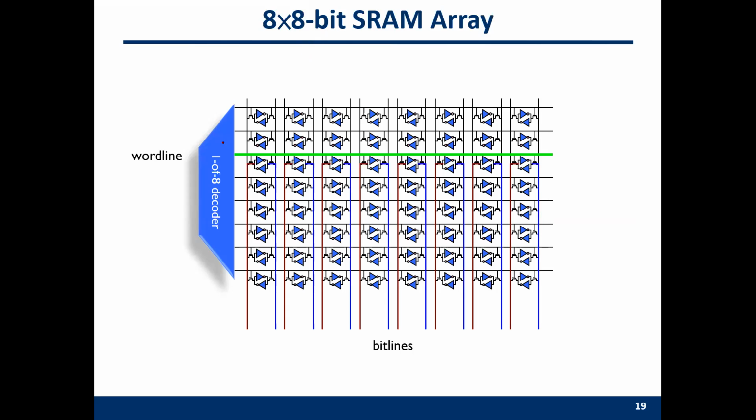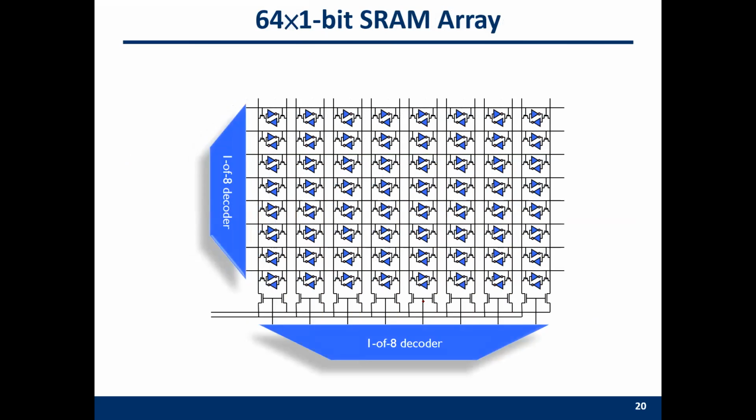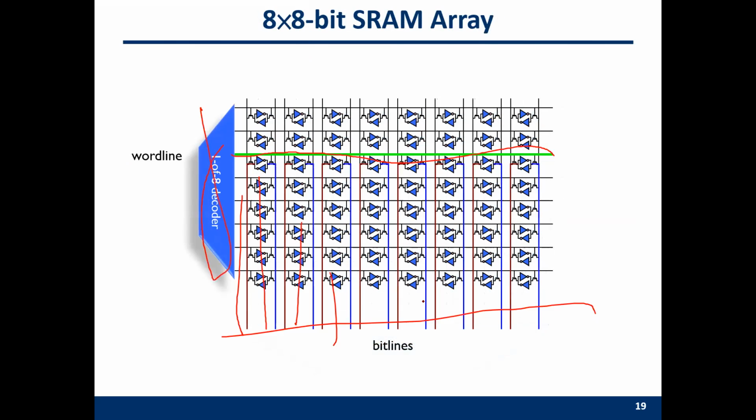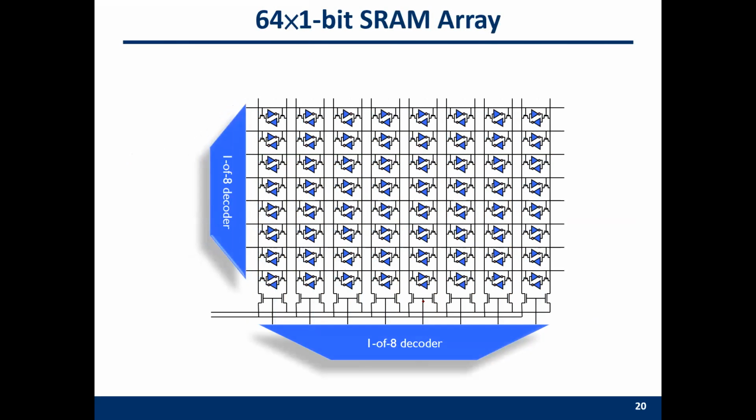We can add a decoder here to access one line. This decoder can help us activate this row, and then we can fetch the data of this row through the bit line. In some cases, we do not want to read the data in all these cells.